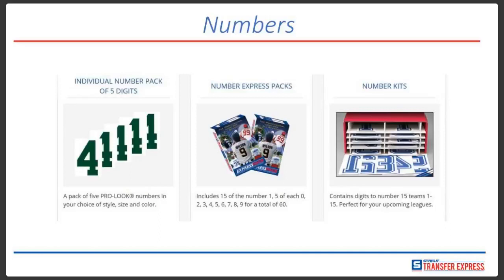And then on the right, we have the number kits, and that's a real big package where you can do up to 15 teams, 1 to 15, perfect for your upcoming leagues. So we've got all kinds of options for you here, as small as 5 digits to as big as a big number kit. Pricing, of course, is also determined based on the quantities that you buy. But a lot of times you can save a lot of money getting the number kits because that way you get a whole bunch of numbers.